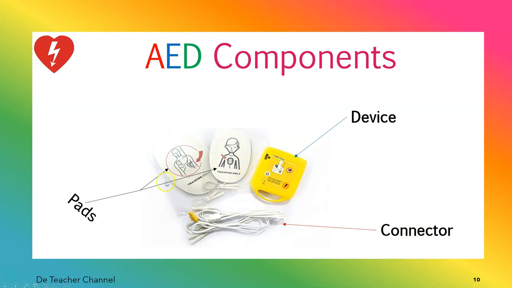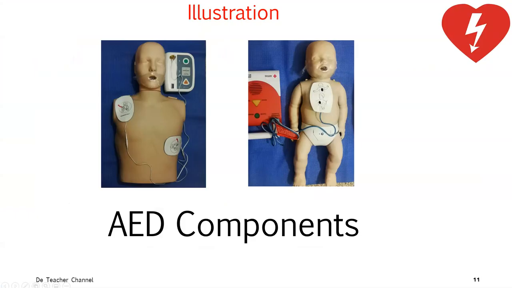So these are the three basic components: the machine itself, the pads. Of course, you can see there are two types of pads here. We're going to see why and when you can use any of them, and then the connector there.